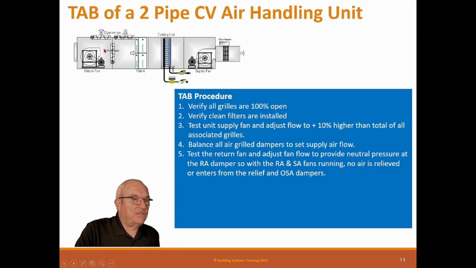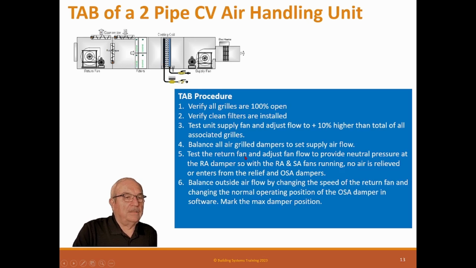And then this fan should be adjusted so this is maybe neutral pressure, because if we don't want it to relieve any, very slightly positive but neutral. Because this fan is just taking up all the pressure loss of the return system, and its work is to stop right here. And this fan's work is to start right here and go this direction. So that's the way you need to balance those correctly.